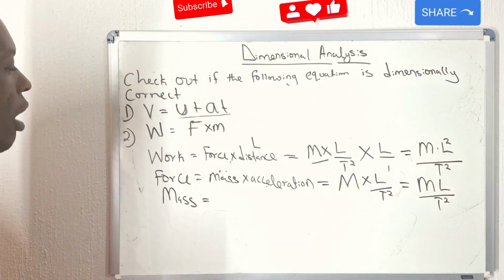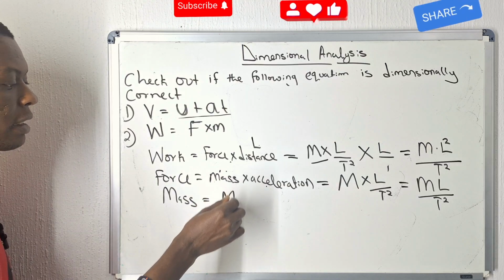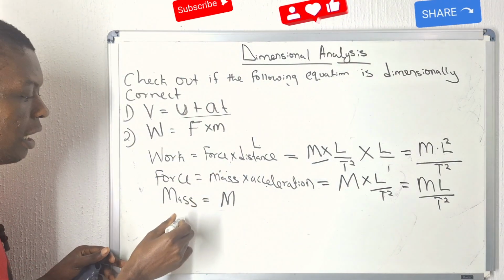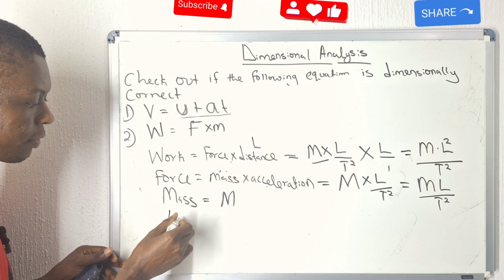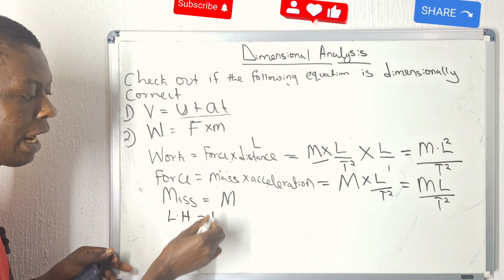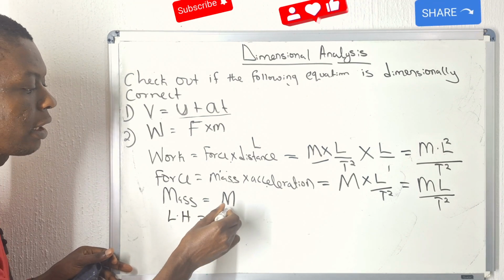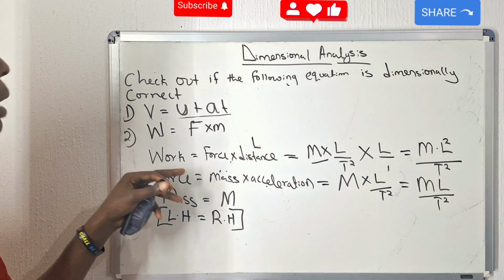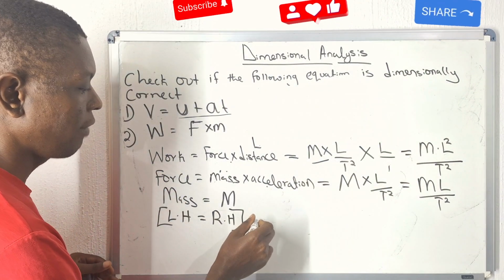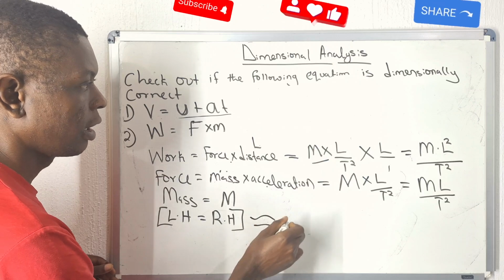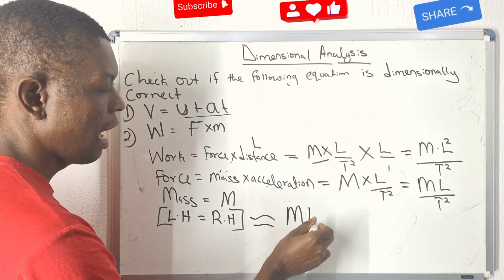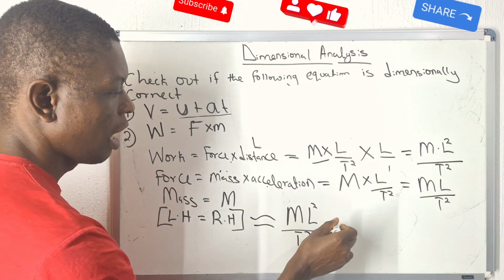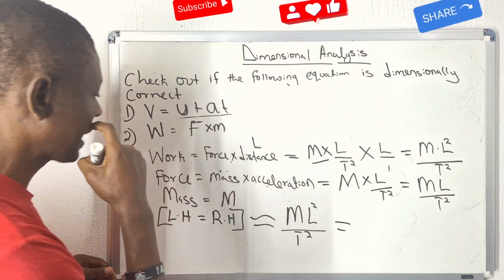Now, the formula they gave us says work is equal to force times mass. Remember that the left-hand side should be equal to the right-hand side. So let's compare and check. Our left-hand side is M L squared over T squared, and it should be equal to the right-hand side.